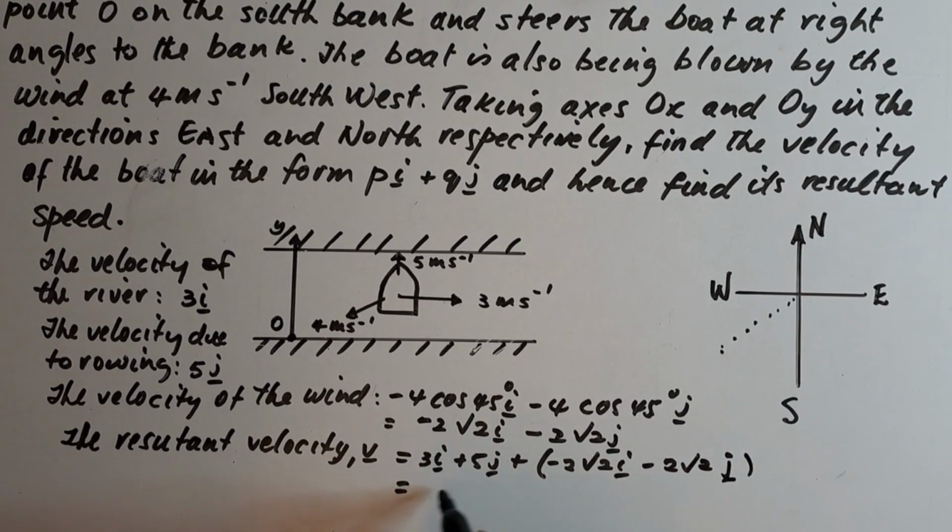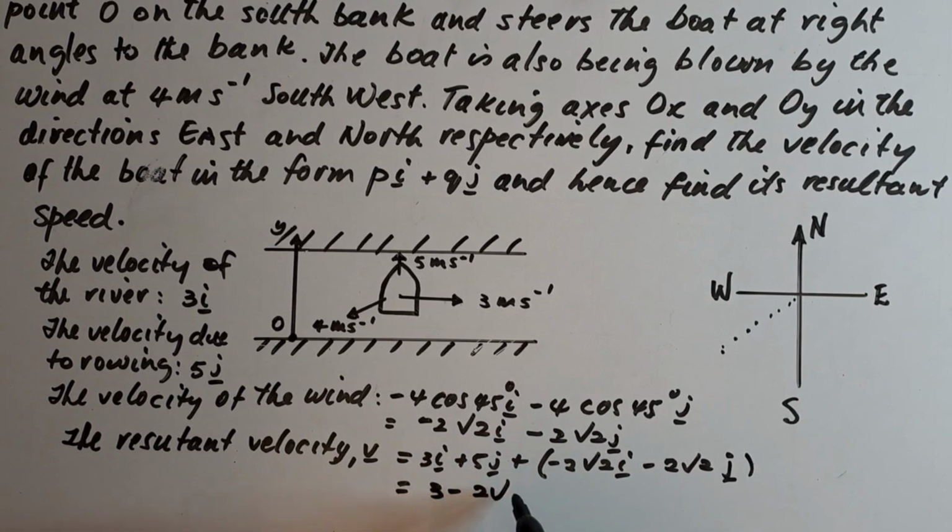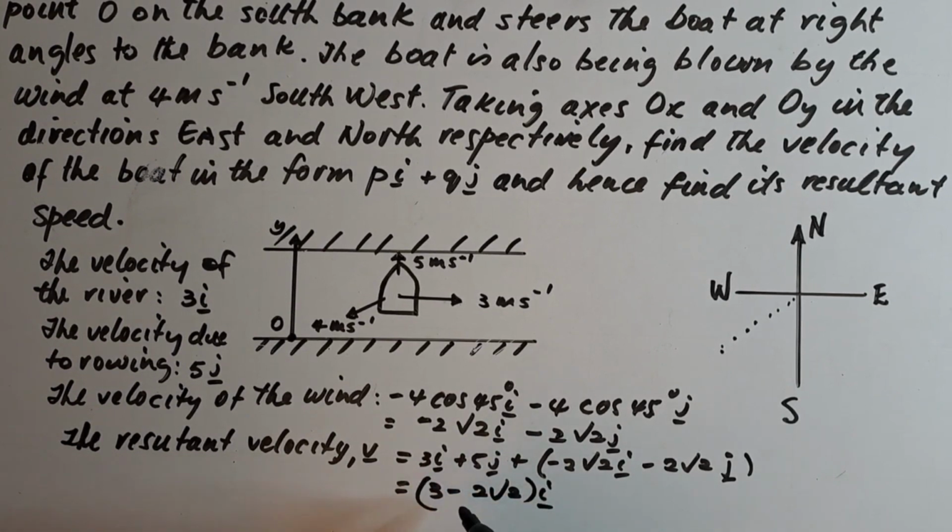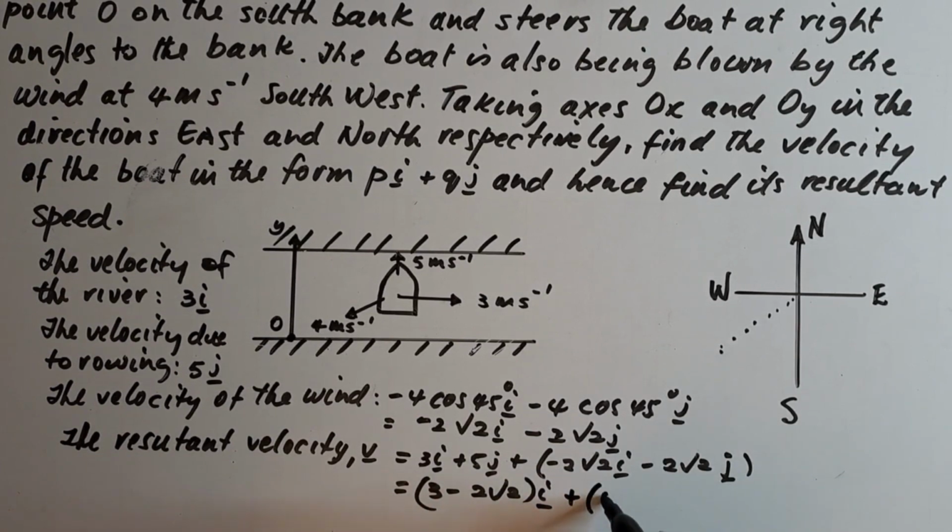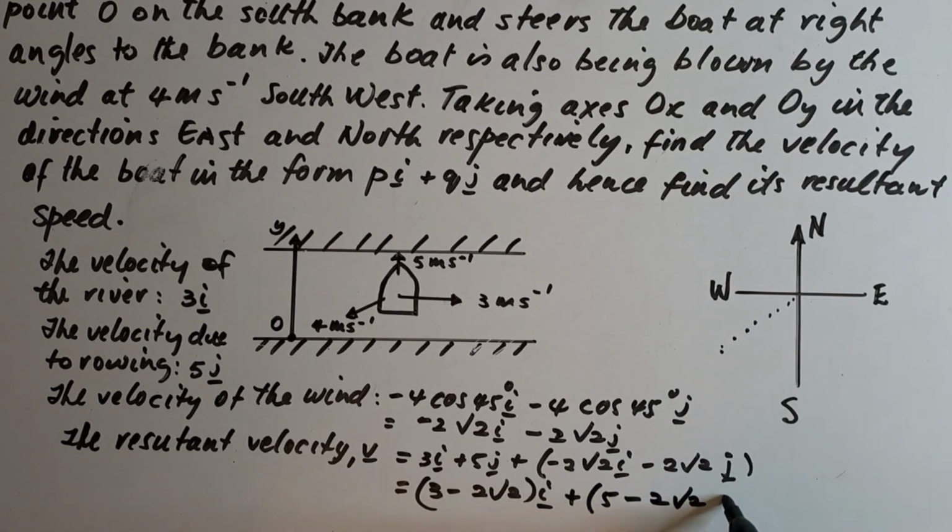And this gives us 3 minus 2 root 2 i added to 5 minus 2 root 2 j. Note the use of brackets for clarity.